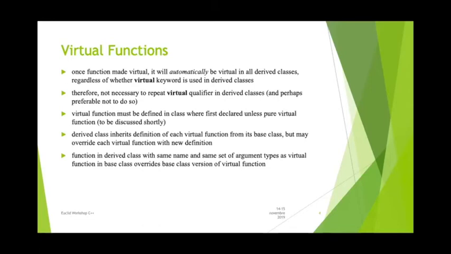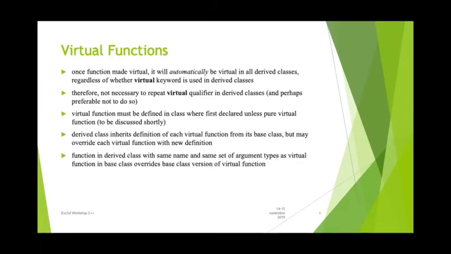It's the same as I wrote in the previous slide. If you want to make any function virtual, you just use the virtual keyword. Again, you don't need to repeat the virtual keyword in every derived class to call the function as virtual. And a virtual function can be defined in the class where it is first declared.